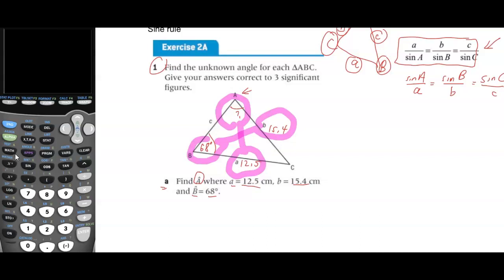These are the two side angle pairs that we're going to use. We're going to use the A pair, this pair here, and the B pair, this pair here. We're going to use these two.